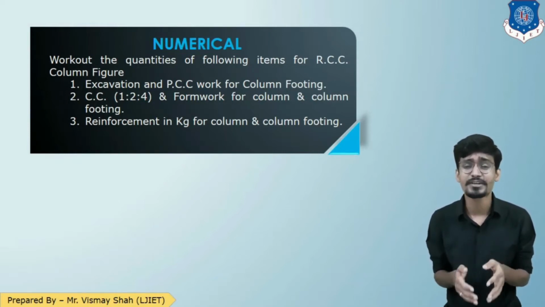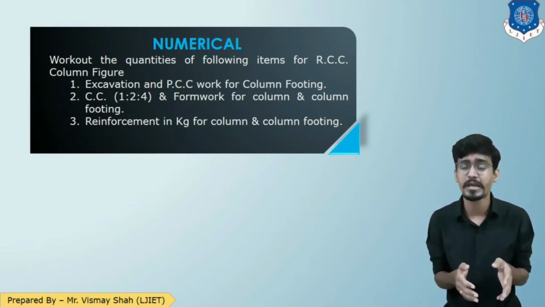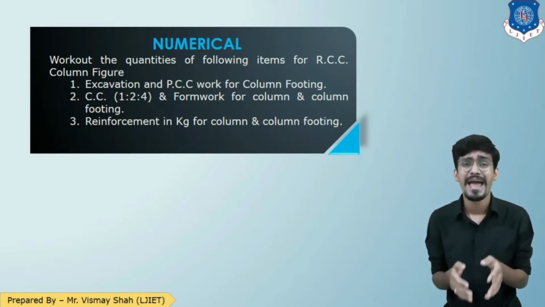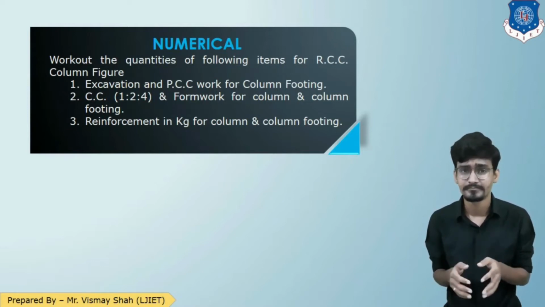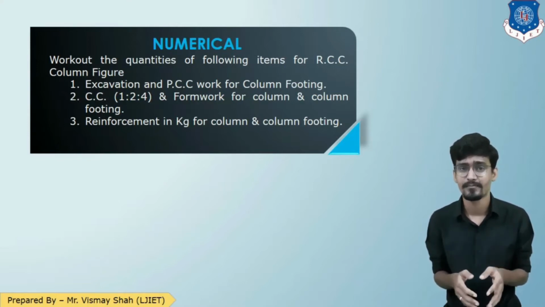First, excavation and PCC for the column footing, cement concrete and formwork for column footing and column, and reinforcement steel for column footing and column. So three things we need to find out in this numerical.